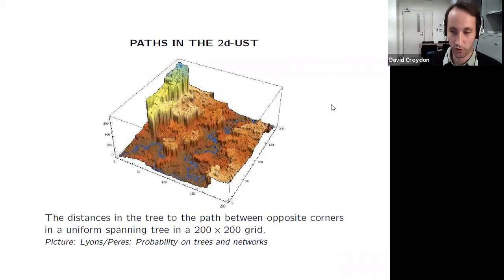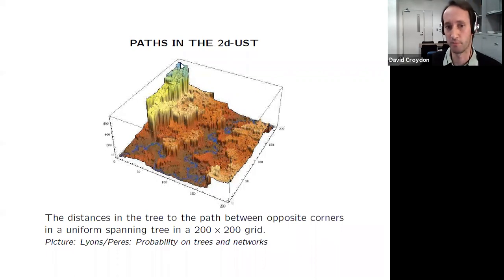Here's a slightly larger scale picture, this time taken from a book by Lyons and Peres. It shows in blue the unique path in the uniform spanning tree on this box between these two corners. You see the fractal structure of this path. The heights of the other vertices are the distances from this path.